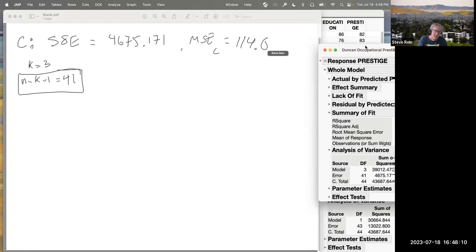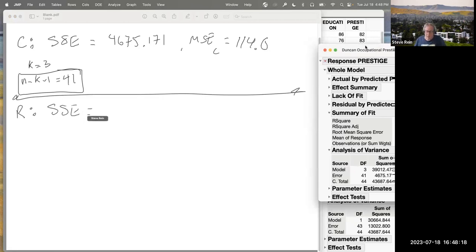Okay, so what about the reduced model? The reduced model here has SS error equal to 13022.800.